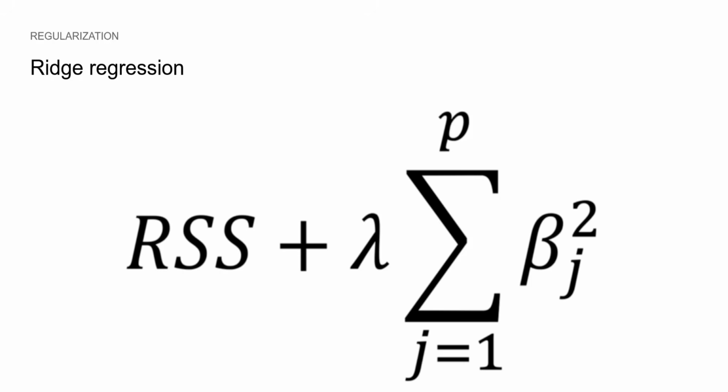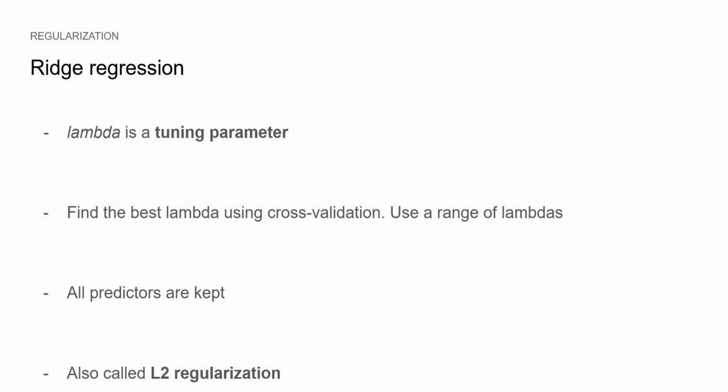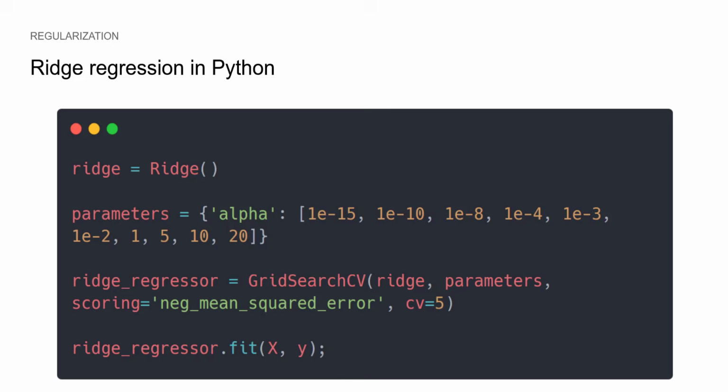Here we add the sum of parameters squared with a coefficient lambda. Lambda is called a tuning parameter. To find the best value of lambda, we will use cross-validation with a range of values for lambda. The best value will be the one minimizing the test error. With this method, all predictors are kept. And note that this is also called L2 regularization.